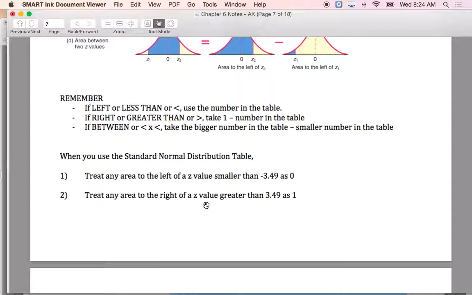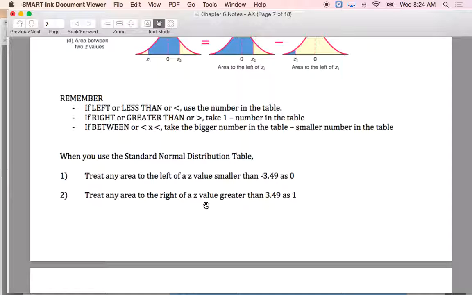Now, with your standard normal distribution table, if you have a z value that's smaller than negative 3.49, so if you go through something and you get like a negative 4 for a z value, your probability is always 0. I'm reading the wrong one. So if you have a negative 3.49 or smaller, so like negative 4, you're going to have a probability of 0 because you're to the left of the chart.